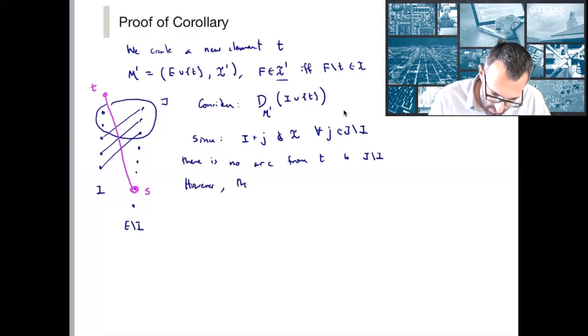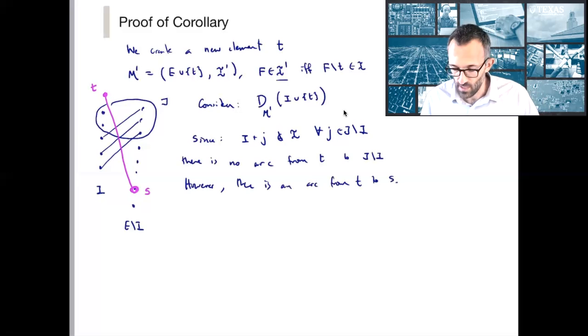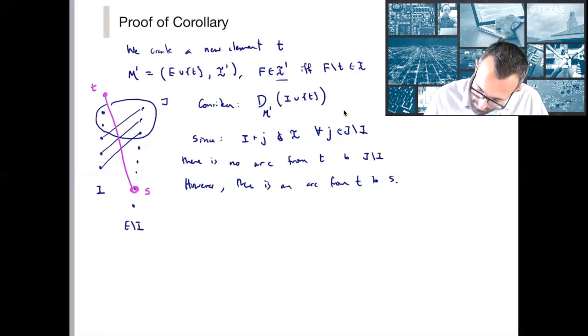However, there is an arc from T to S. Again, this is just because if I remove T and add S, I have I plus S, and S was that element which, by assumption, says that I plus S is going to be an independent set.